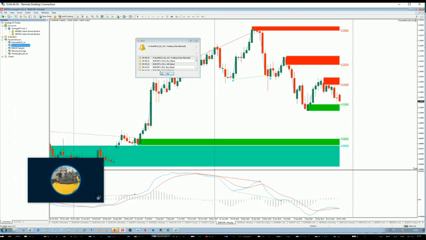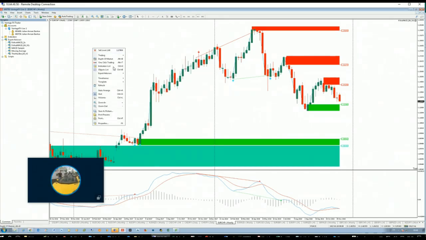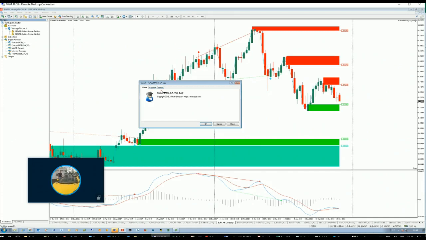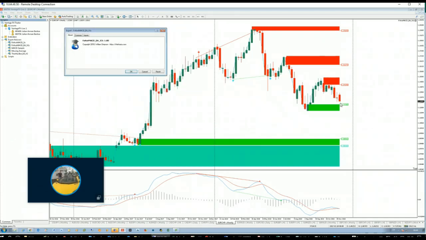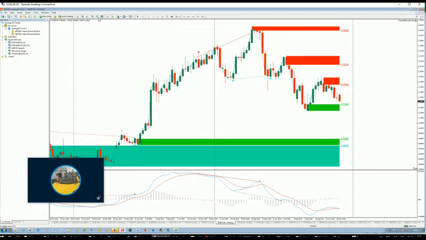So go to settings on the properties. First off, just measure the distance of that weekly zone. Your stop loss is going to be under that weekly zone because this isn't a longer term trade. We're going to put in a stop.